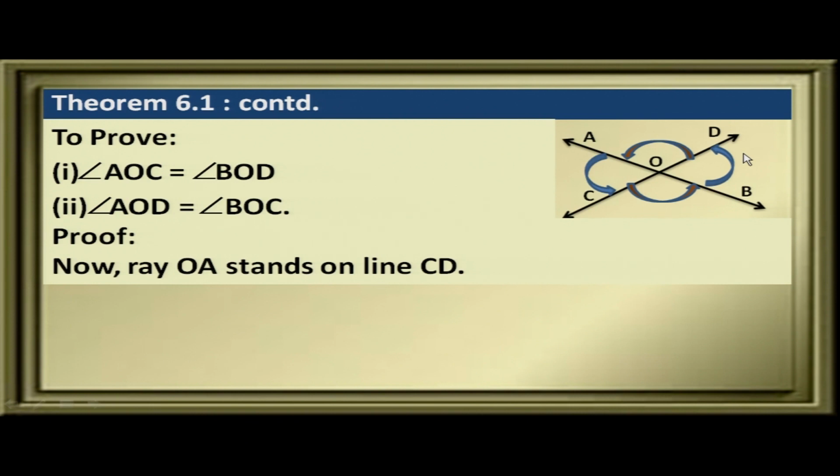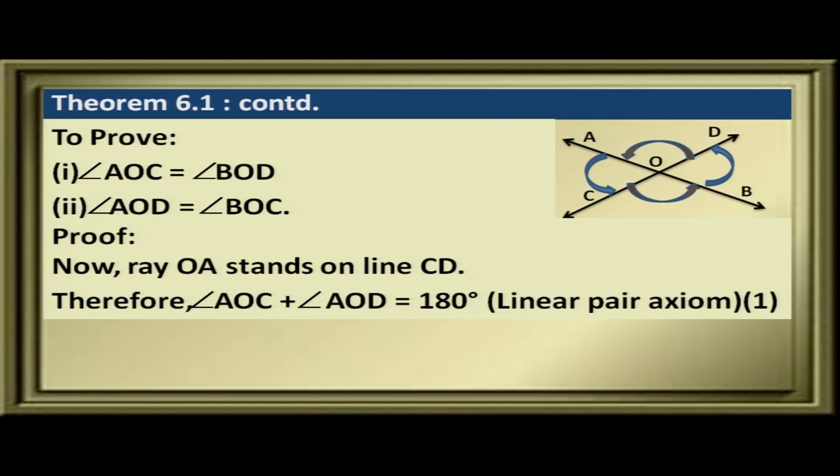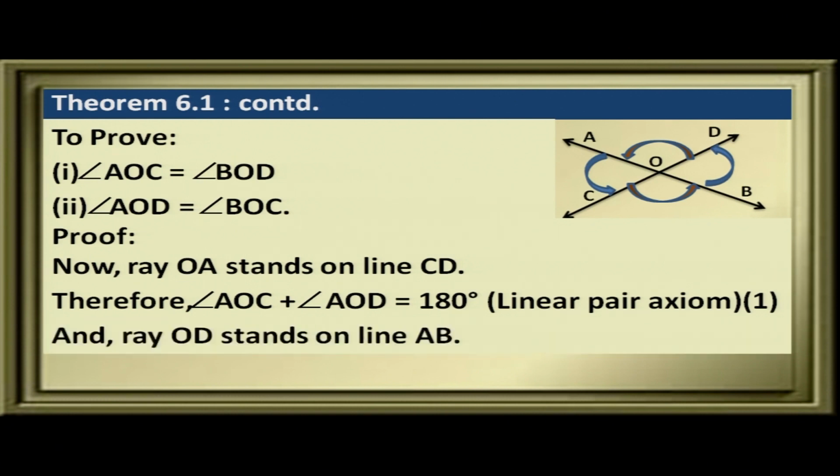So, a linear pair is formed. So, angle AOC plus angle COD is 180 degree, from the linear pair axiom. Let this be equation 1.